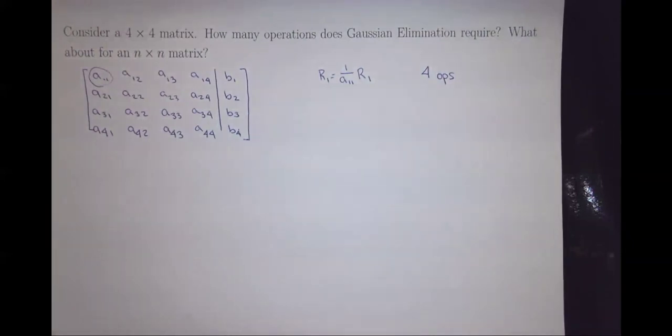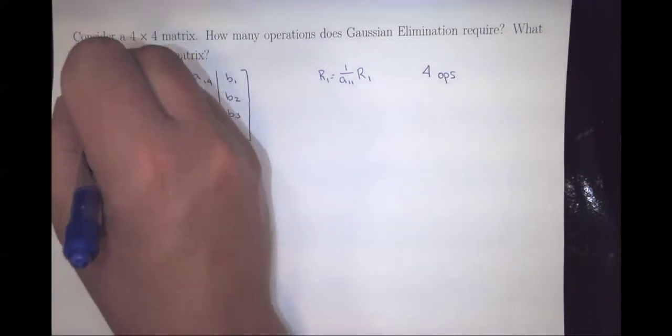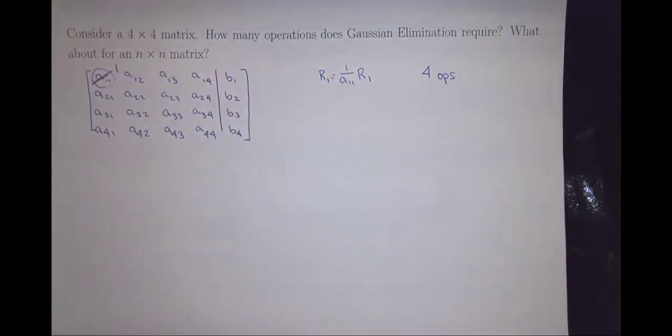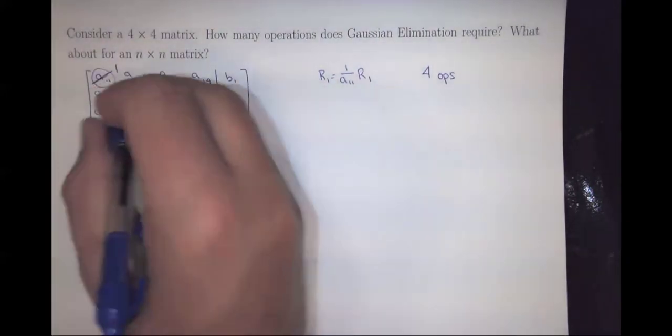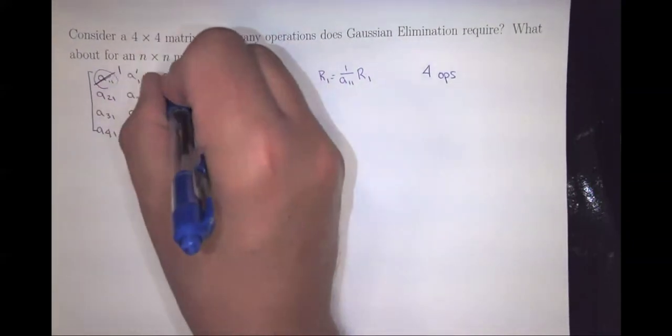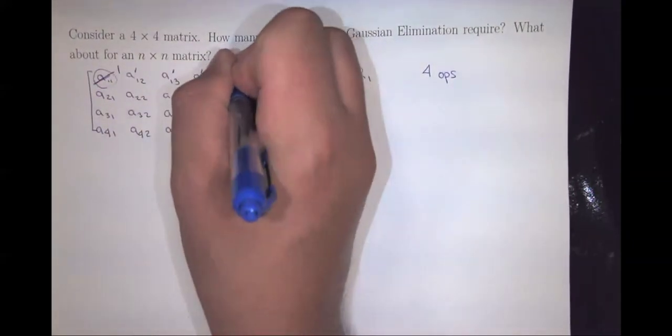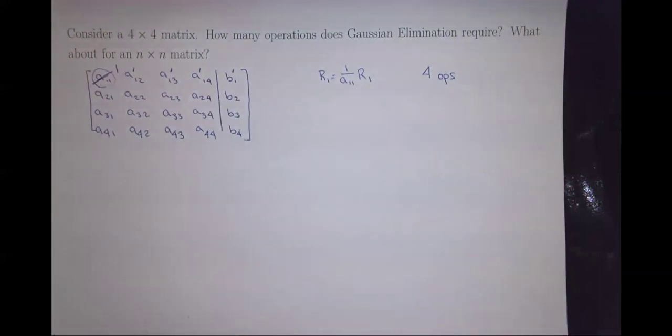Okay. Now, once we've done that, this is going to be a 1. These other things are going to be different from what they were. We can mark them with a little prime sign, right? So A12 is the old A12 divided by A11, right?